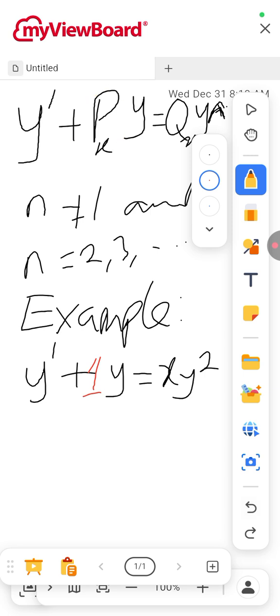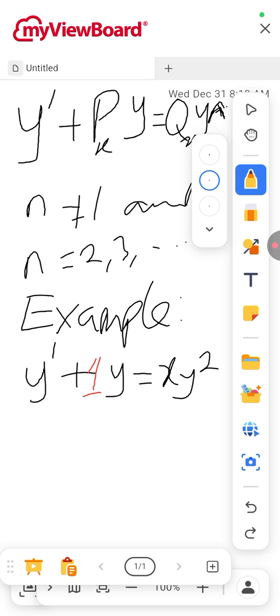Then there is y itself, then equals another function q, which is this x we are seeing here, then y raised to power n, which is this y raised to power 2 here. So you see that it is a Bernoulli DE.